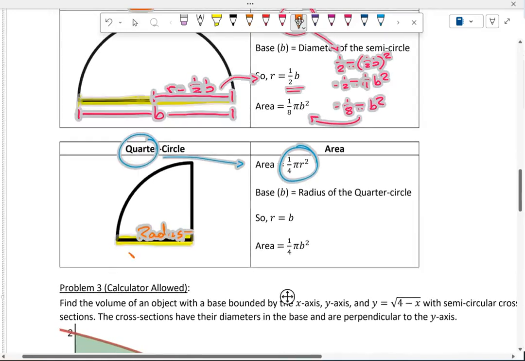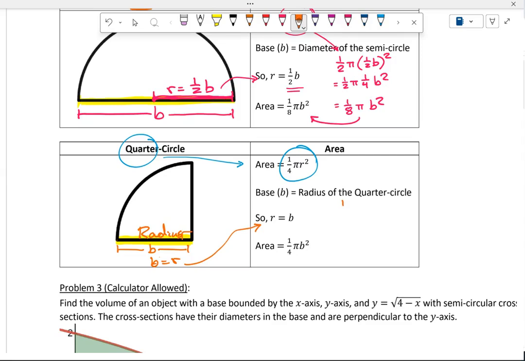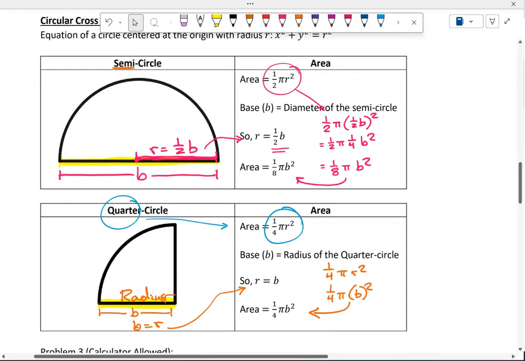So therefore, the radius is our base, because this is our base down there. And if I take 1/4 pi r squared and I replace r with my b, I would have 1/4 pi b squared. So that one doesn't really change like it did with the semicircle. So those are going to be our two equations that we're going to be using, one for a semicircle and one for a quarter circle.